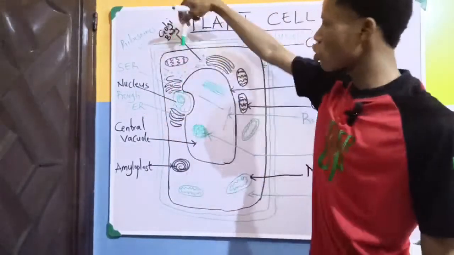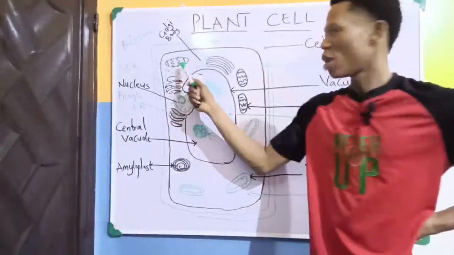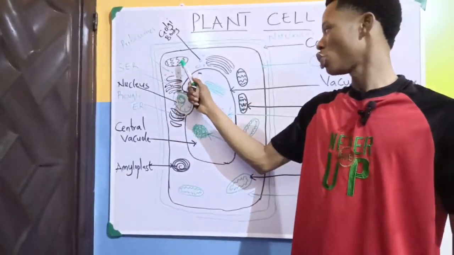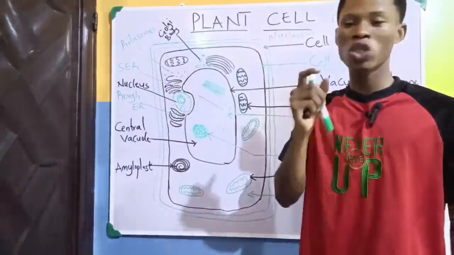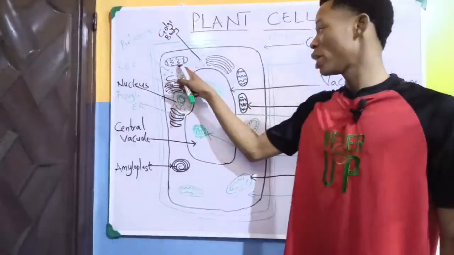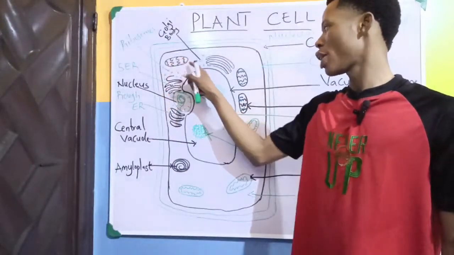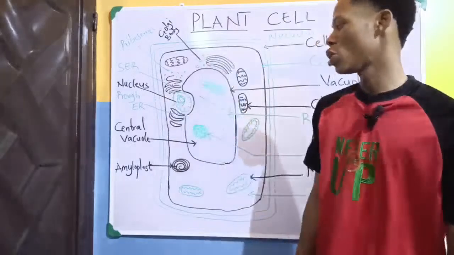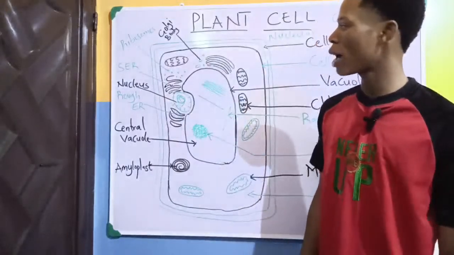Now if you look at this structure, what is this? Let me see if you're following. Because I said the shape of the structure is very, very important. I've explained this one before. So this structure here represents what? Is it mitochondria? Is it chloroplast? Is it nucleus or what?